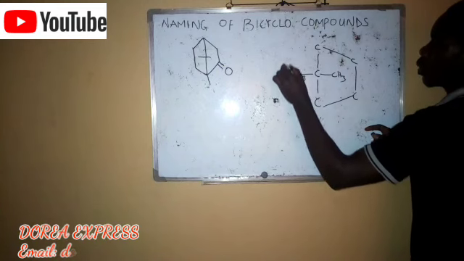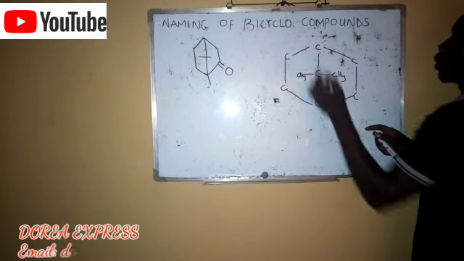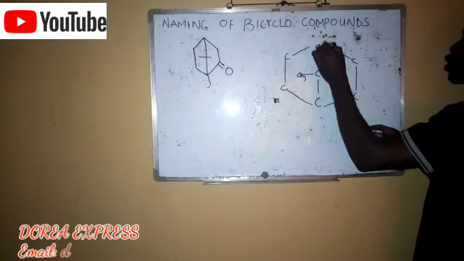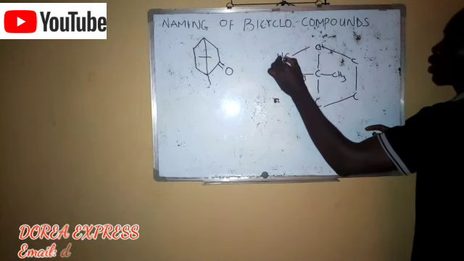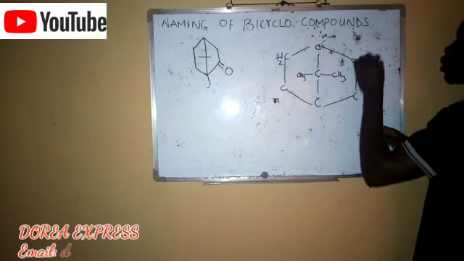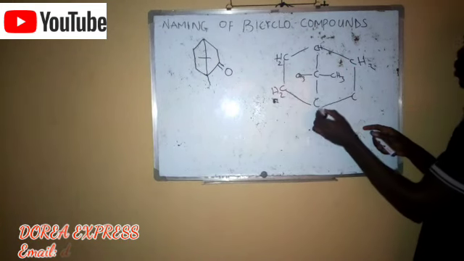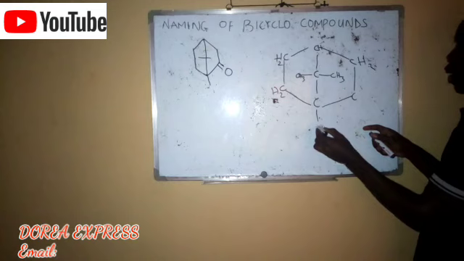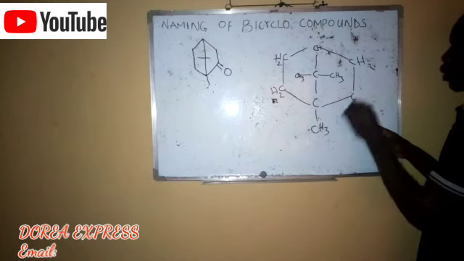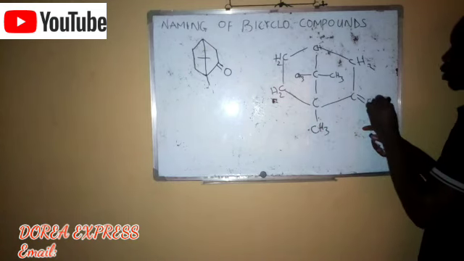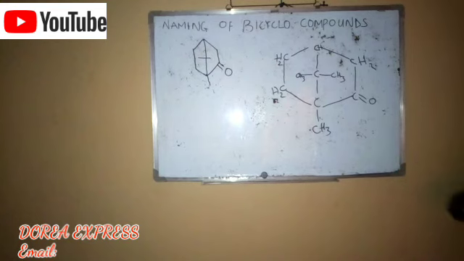This is a carbon. This is a carbon. So this is CH, this is CH2, this is CH2, this is CH2. So here we have another methyl group. Then here we have our carboxyl group. So you can look at the structure very well.